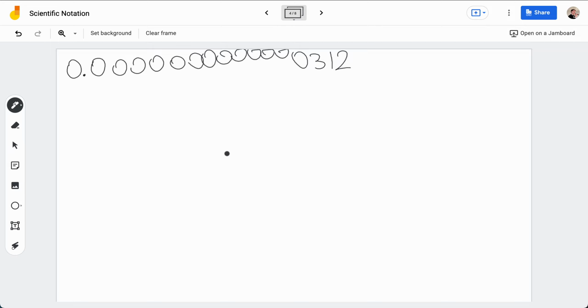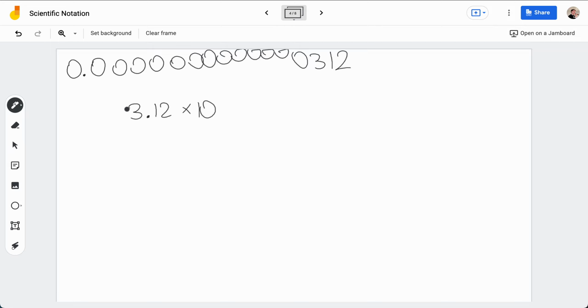I could represent this with scientific notation as well. It's going to be 3.12 times 10 to some exponent. But if I'm starting with 3.12, multiplying by 10 makes me bigger, so I'm really dividing by 10.